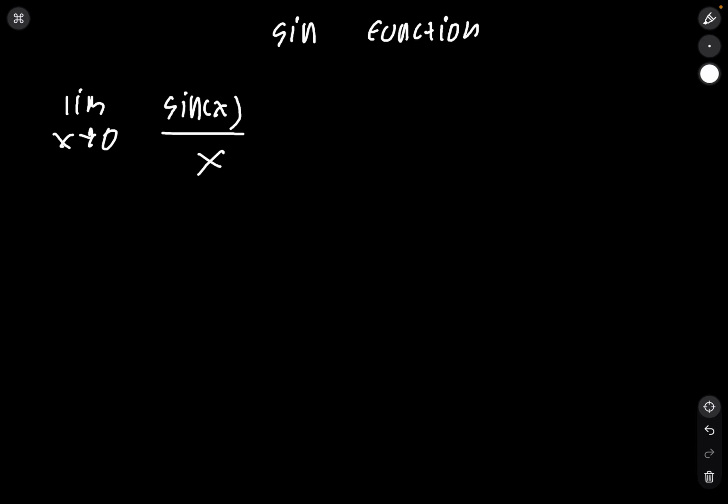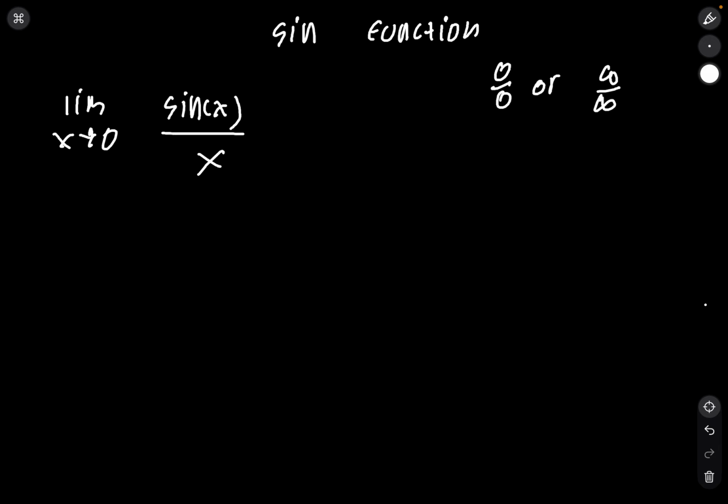So a famous example of L'Hopital's rule that we can use is the sine function. We essentially have the limit as x approaches 0 of sine of x over x. And remember what we said about L'Hopital's rule. It either has to be in the form of 0 over 0 or infinity over infinity. Those are called our indeterminate forms.